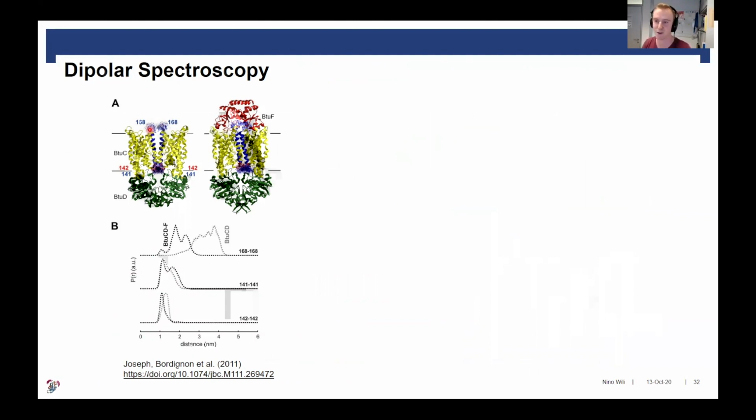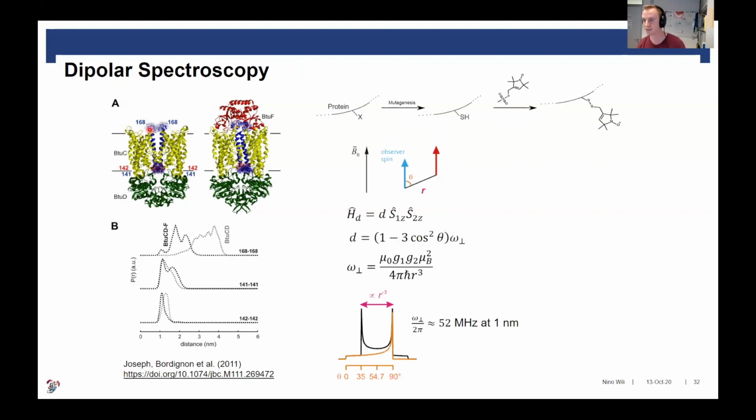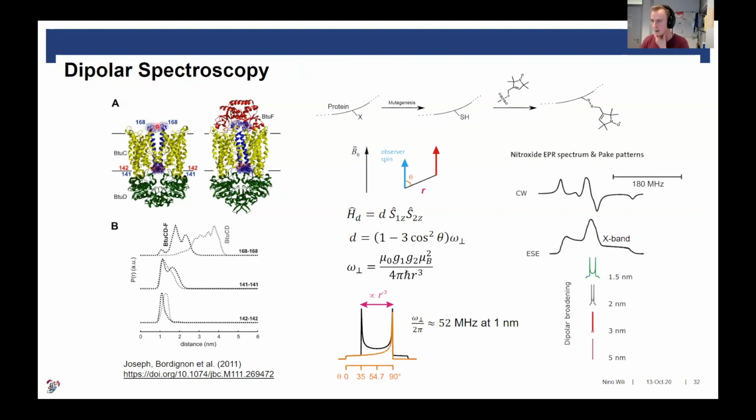You know it basically from solid state NMR, and it gives you these long range interactions. Usually you put these labels in, and you have a dipolar coupling between them that you all know. And here is something that Thomas wanted me to show. In a typical X-band nitroxide spectrum, this would be the corresponding Pake pattern. If you have a very small distance, it might actually be possible to resolve it.